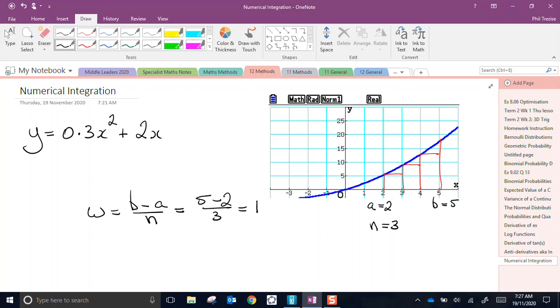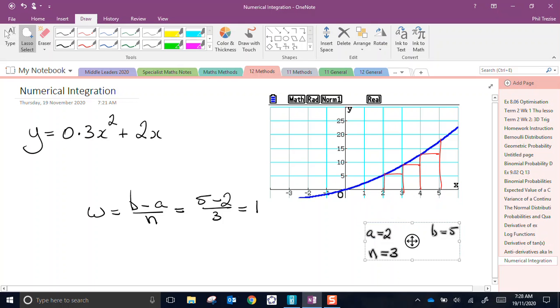A little bit of extra notation here. This first x coordinate is designated x0. The next x coordinate along is x1, which would be x0 plus the width of the rectangle.